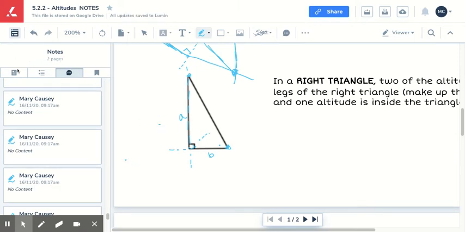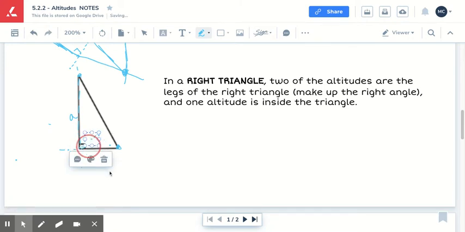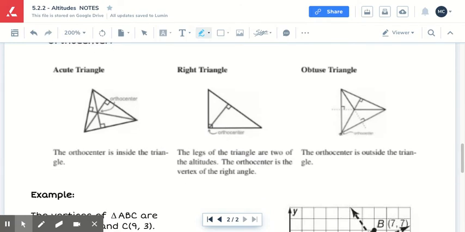Okay, so the third altitude would be inside the triangle here. There we go. For this one, the point of concurrency of the 3 altitudes is actually the vertex at the right angle.